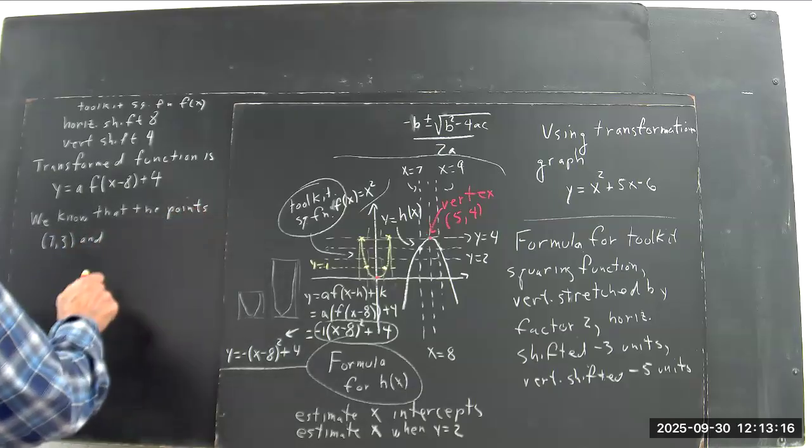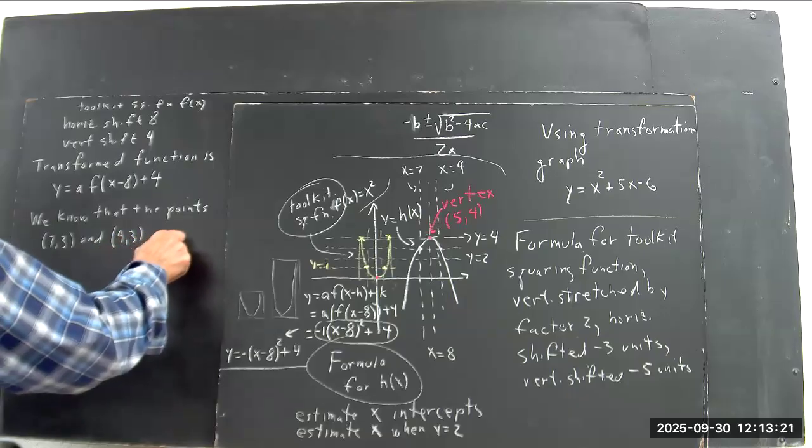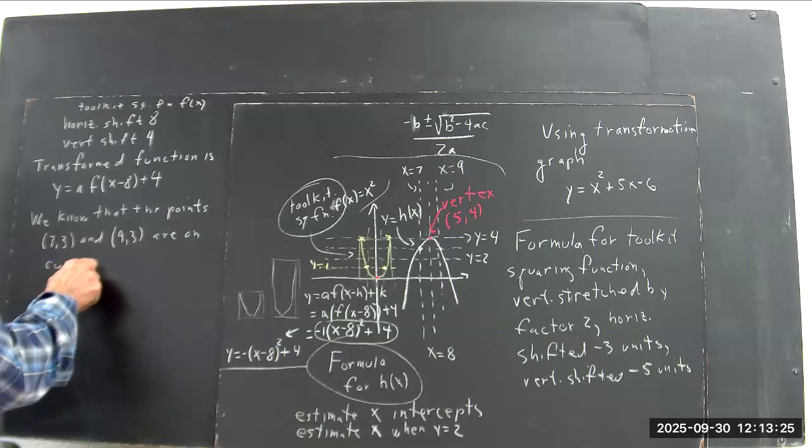So we know that the points (7, 3) and (9, 3) are on the curve.